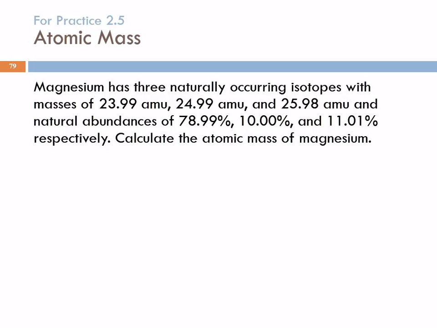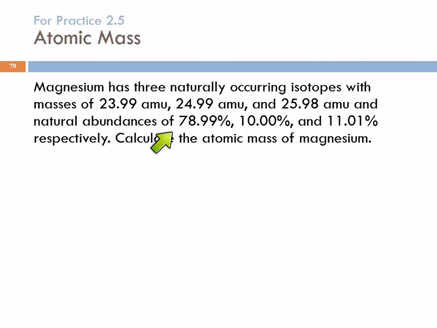Let's do an example. Magnesium has 3 naturally occurring isotopes with masses of 23.99 AMU, 24.99 AMU, and 25.98 AMU, and natural abundances of 78.99%, 10.00%, and 11.01% respectively. Calculate the atomic mass of magnesium.